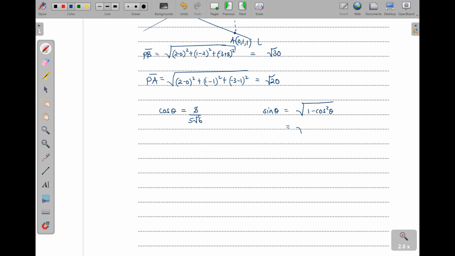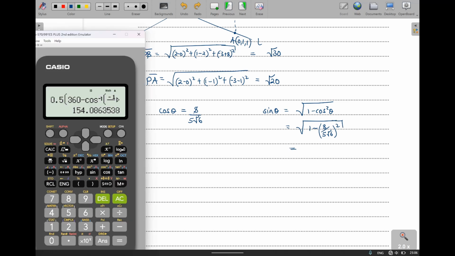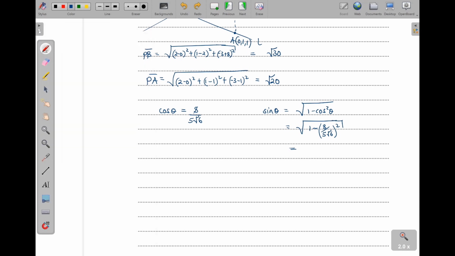So I can get this one from here, and I say 1 minus 8 over 5 root of 6 squared. Okay? So what do I get here when it is simplified? Square root of 1 minus, then we have 8 over 5 root of 6, then squared. Root of 129 over 15.